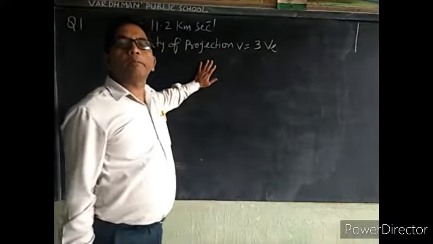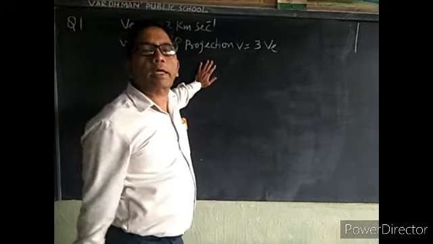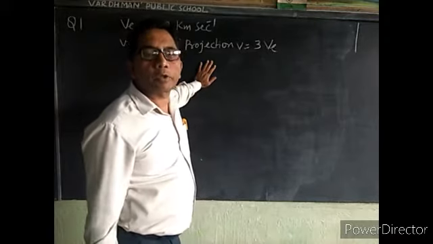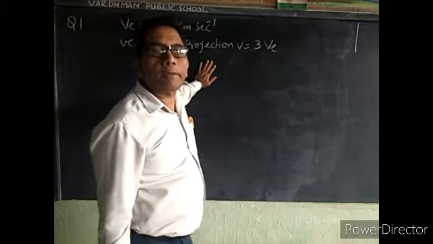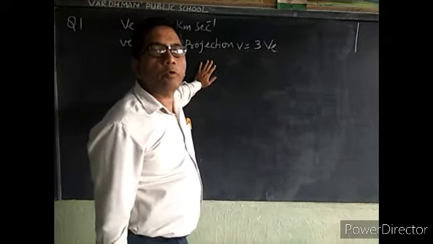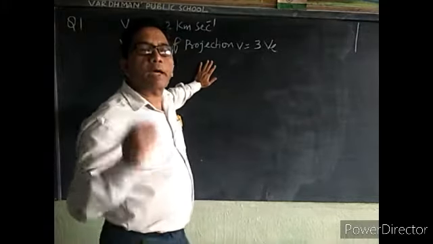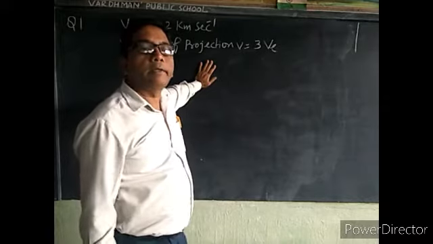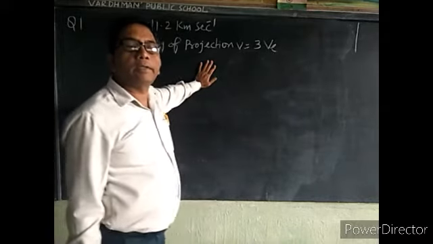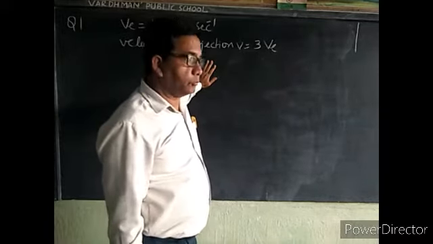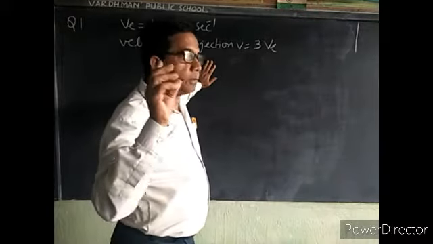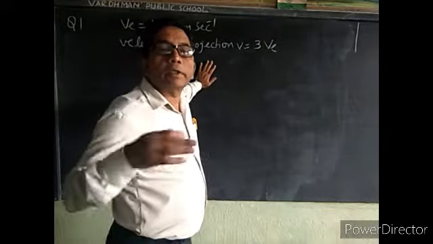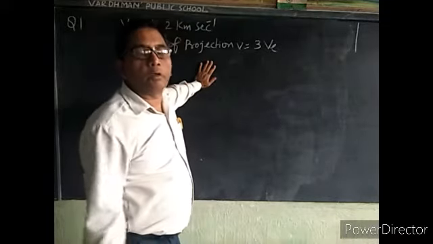Let small m be the mass of the projectile and vo be the velocity of the projectile after escaping the gravitational pull.